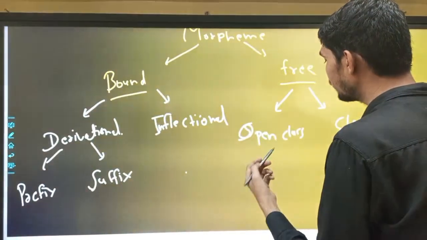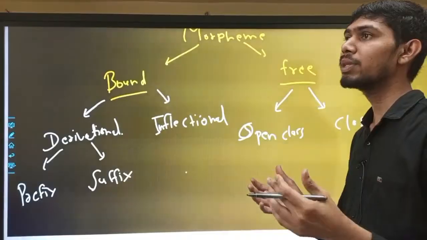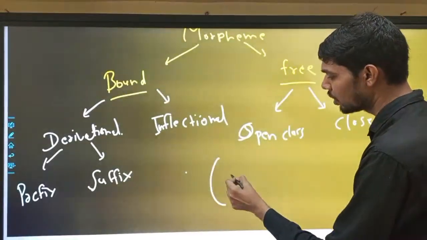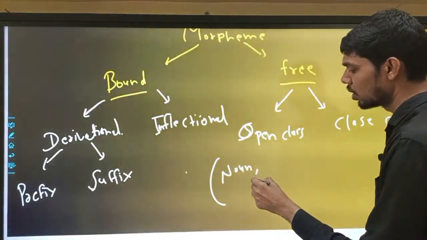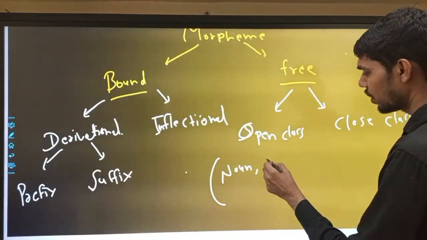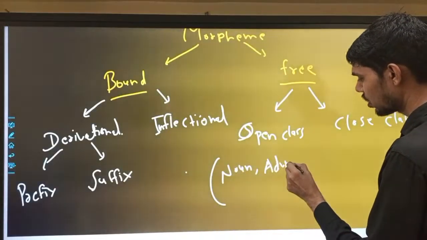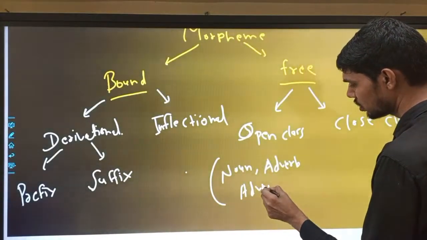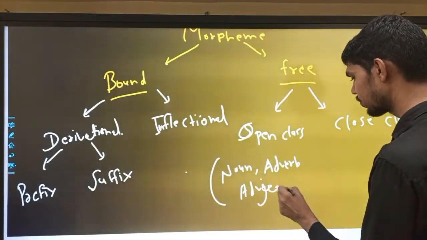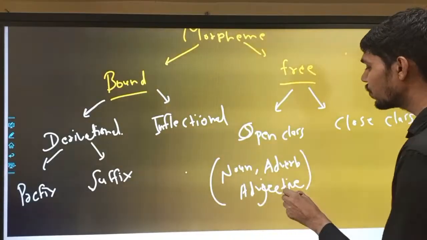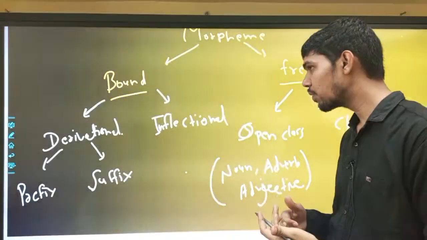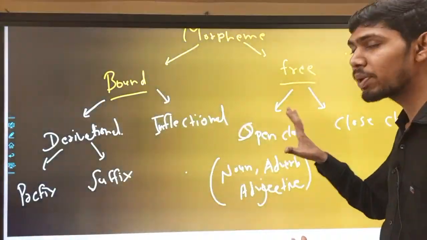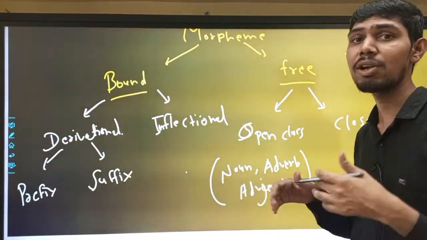Open class free morpheme means it could be a noun, an adverb, or an adjective. We can add new nouns and new words in this open class free morpheme. That's why it is called open class.